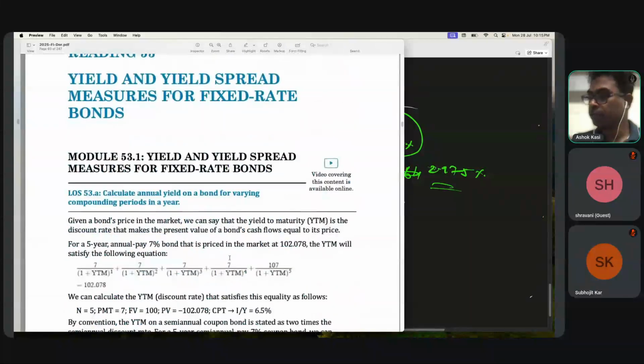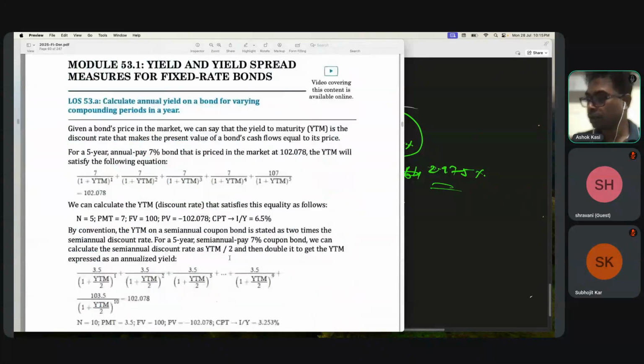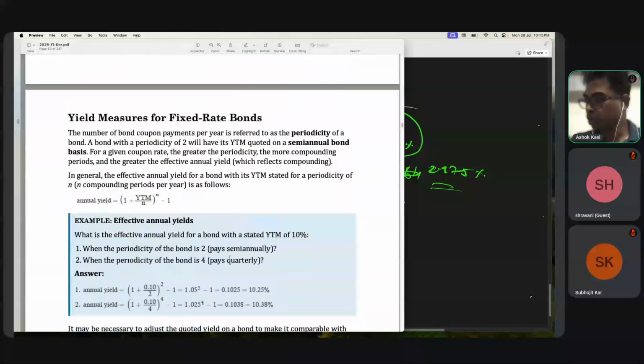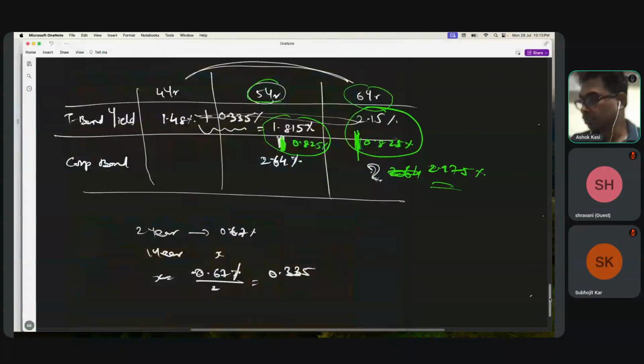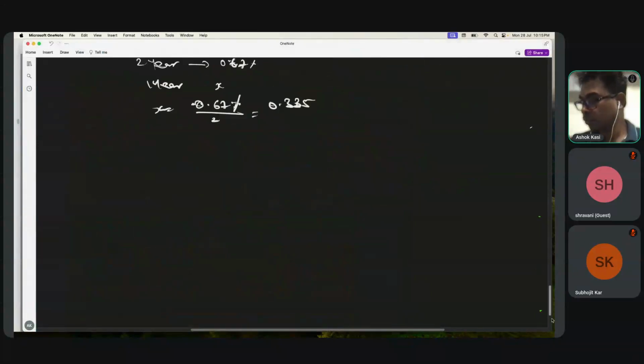Then reading 53. Here, effective annual yield. Effective annual yield means what?